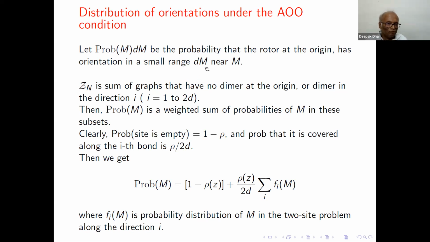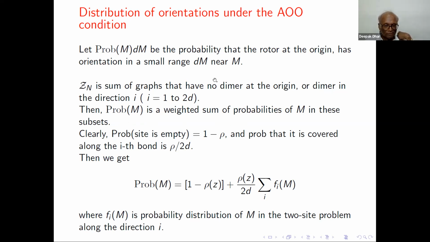But for our purpose, you can just take it to be the two-dimensional problem where m is just an angle theta and dm is just d theta. Okay. So Zn is the partition function, a sum of graphs which have no dimer at the origin or a dimer in the direction i.